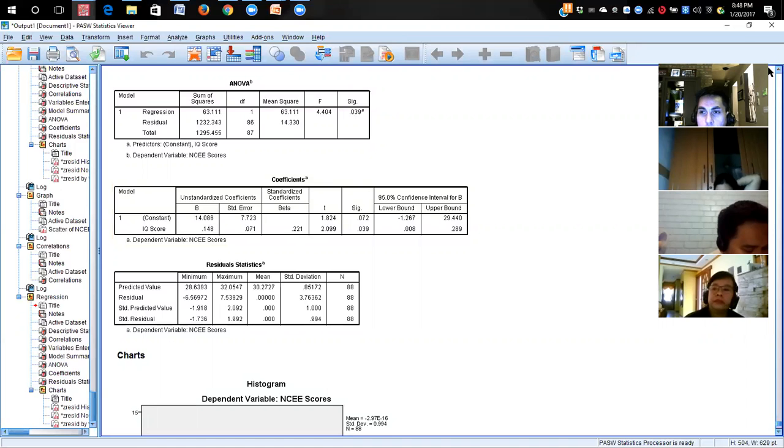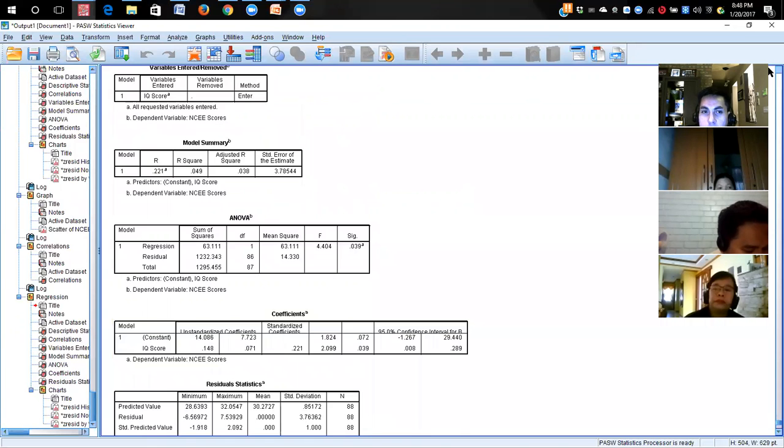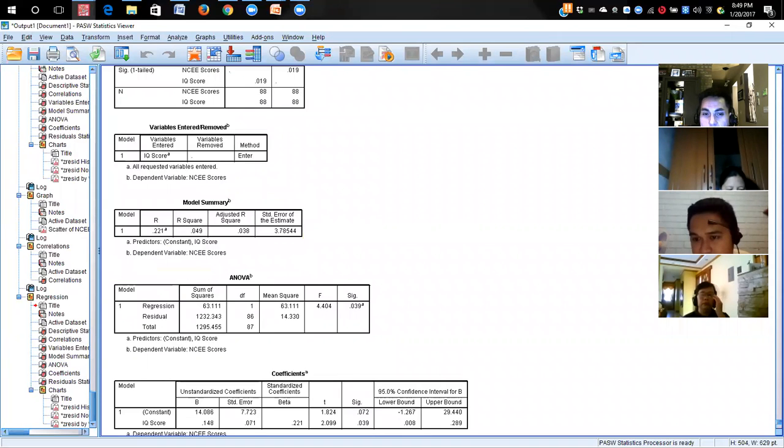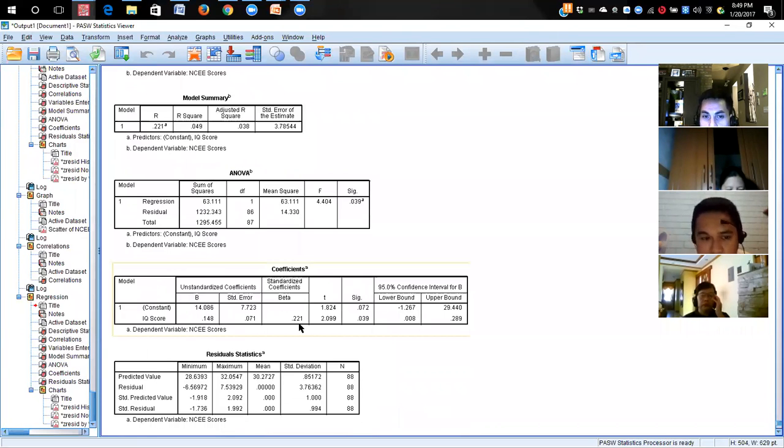And where do we get that 0.221? Right here. That was our R value. 0.221 is what we get. So that comes back here in the coefficient, 0.221, and the t statistic is 2.009.